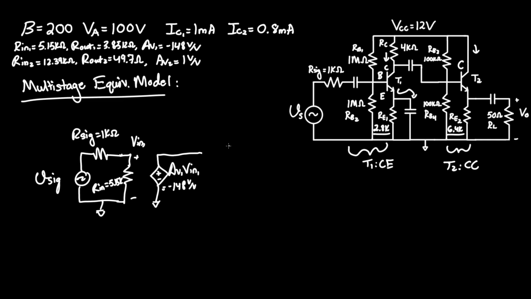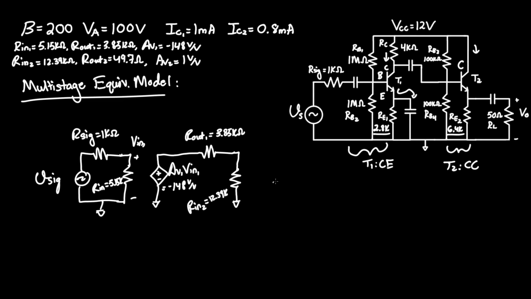since it's just the amplification of the first stage. And connected to that, we have our R-out1 equal to 3.85 kilo ohms, which is directly connected to our R-in of stage 2. I'll write that down here. Our R-in2, which we know is 12.39K.